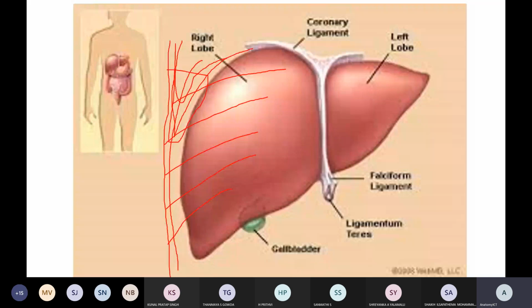And it is very important to know this diaphragmatic recess, right?